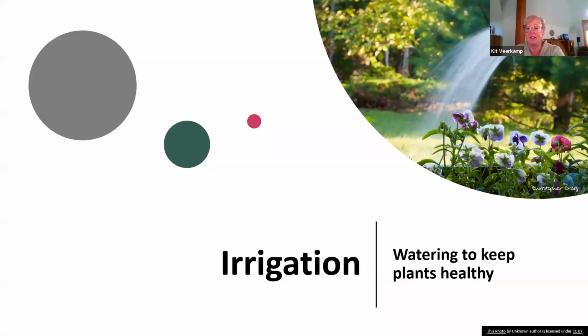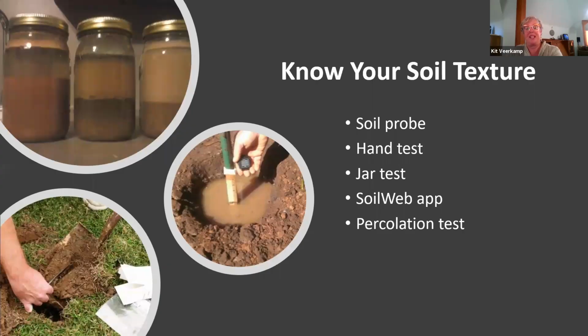So we're going to move on into irrigation, in terms of watering to keep plants healthy. We talked a lot about soils last time. That was what most of the time was spent on, but we're going to cover just a little bit of how that plays into irrigation. So you absolutely need to know your soil texture, and we'll see why.